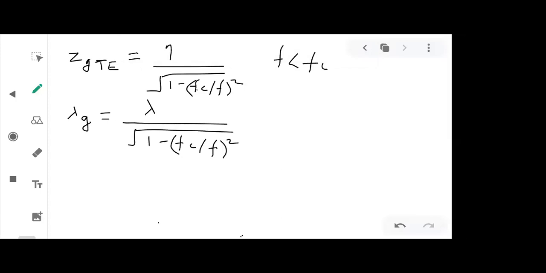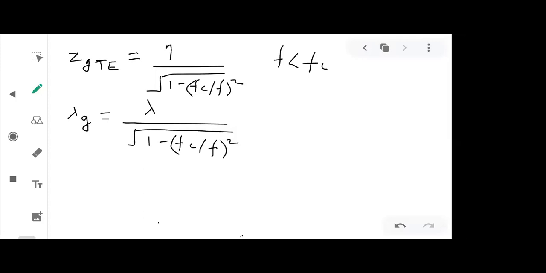So here, the conclusion of this lambda g is that wavelength inside a guide is larger than the wavelength in any unbounded medium for the same signal. Like if suppose a 9 gigahertz signal is propagating in open space, then the wavelength will be C by F straight away. But if it is inside the waveguide, then whatever wavelength you calculate, you divide by this root factor, which is always going to be less than 1.